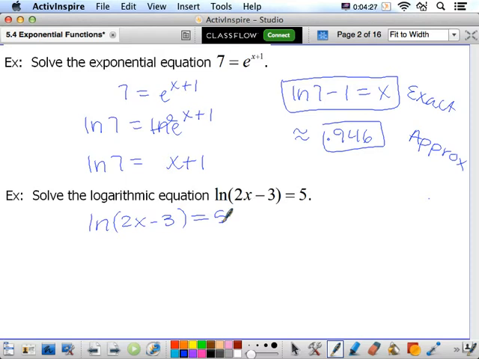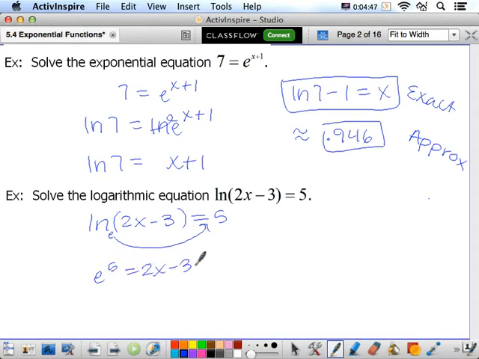You loop the log. You take the base, which is an understood e, and we rewrite it in exponential form, also known as looping the log. And we say e to the 5th is equal to 2x minus 3.